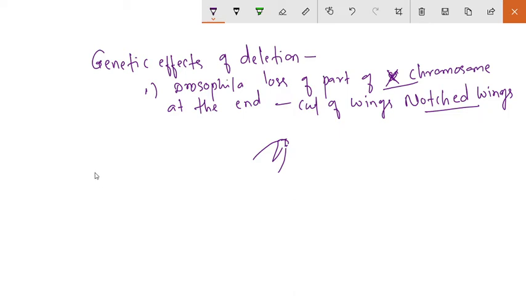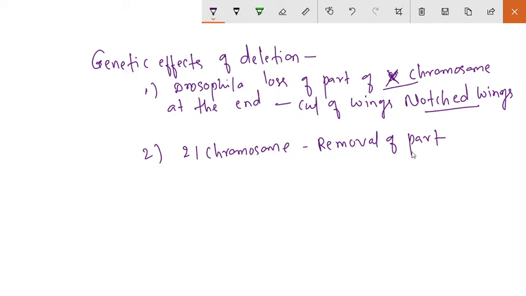Then the another example that is the removal of the piece of long arm of the chromosome number 21 okay. That is the removal of the piece of the long arm of the chromosome number 21. या ठिकाणी हा जो 21 नंबरचा क्रोमोझोम आहे when there is the removal of the part of 21st chromosome.